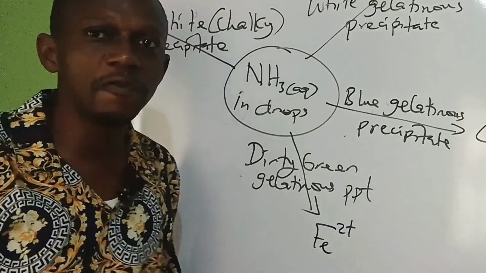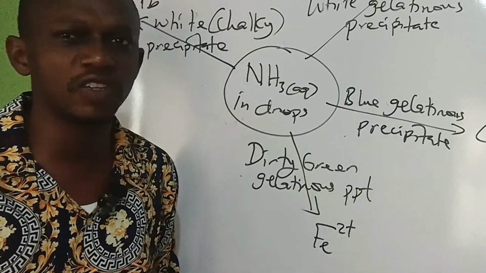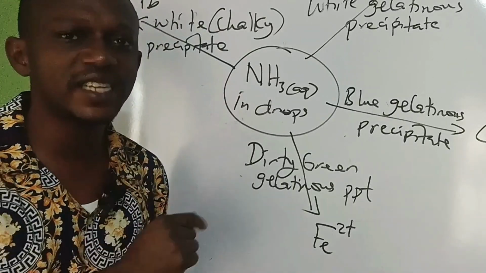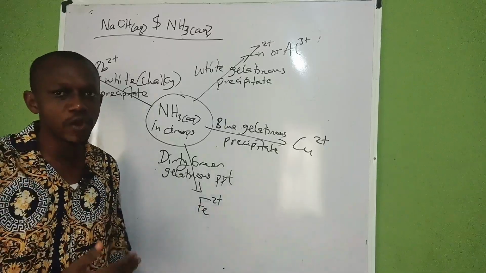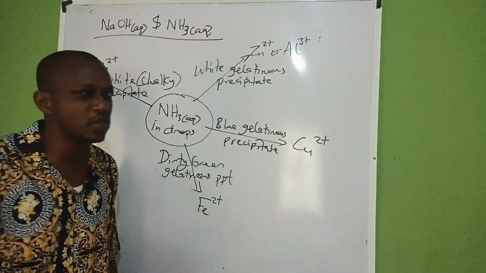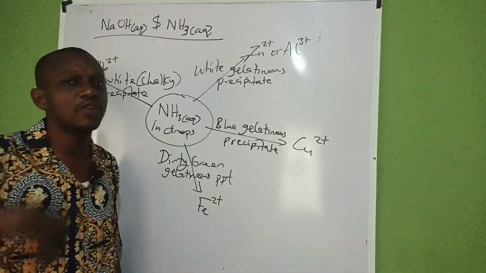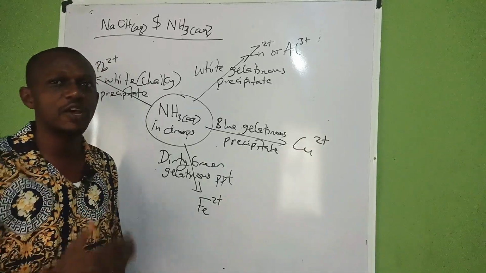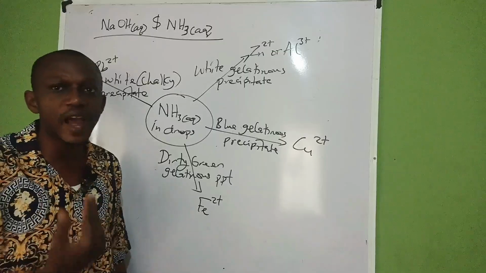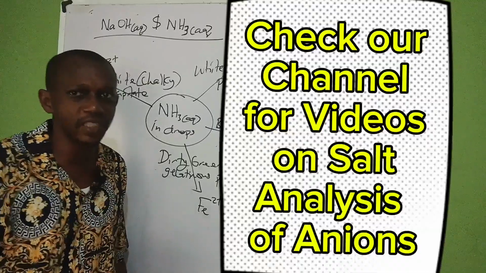Because when iron 2 is coming freshly, it's always green. The dirtiness there is the strands of brownish color, because iron 2, when it stays for some minutes, not even hours, converts itself and oxidizes to iron 3. It always oxidizes. That's why if you need iron 2 in the laboratory, you will prepare it freshly.